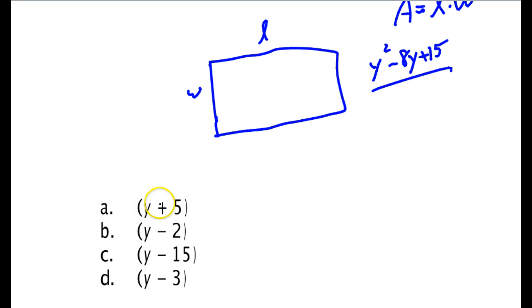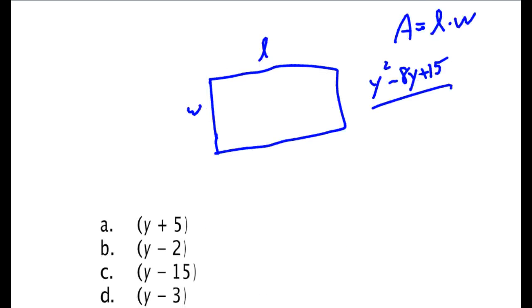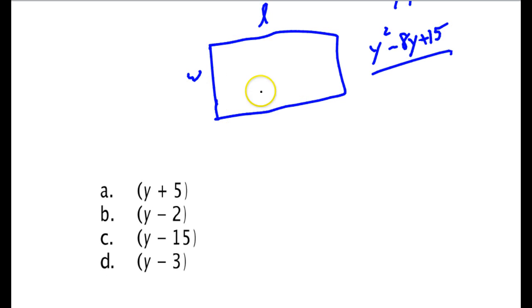So could y plus 5 possibly be a length? Meaning, does y plus 5 times something equal this? Well, let's just go ahead and see, what does this factor to? Let's try that out.